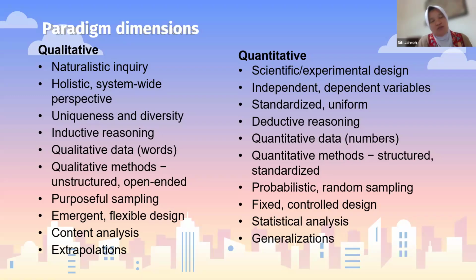Mostly the quantitative data that you collect will be in the form of numbers. But qualitative, you can have the words. That's why you can conduct content analysis and others.